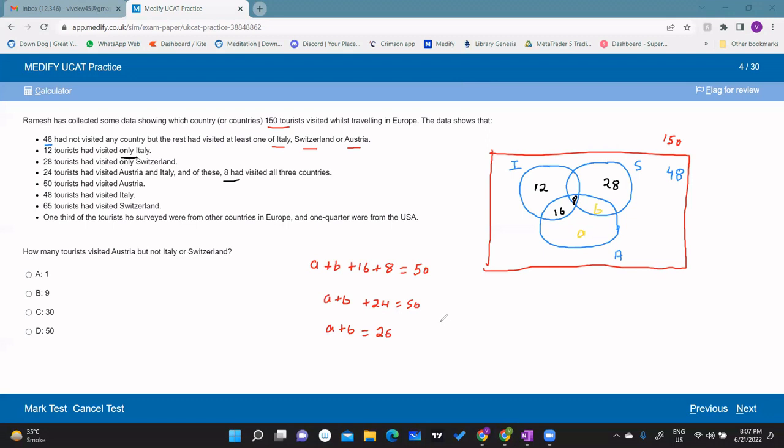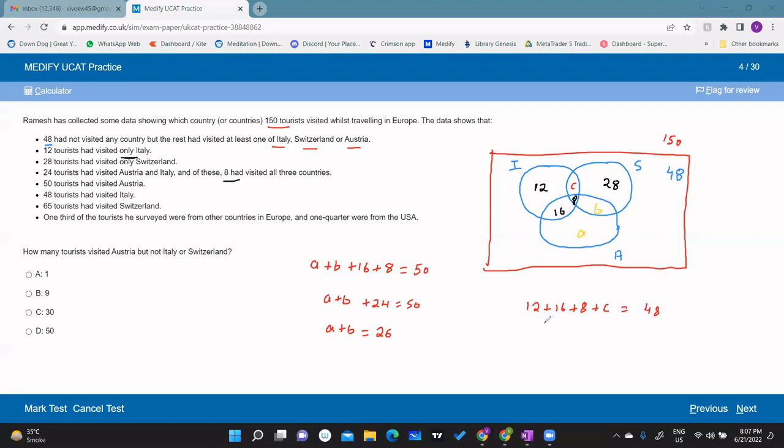48 tourists had visited Italy. So this entire circle here is 48. And this part is missing, so let me call it the letter C. So I can say 12 plus 16 plus 8 plus C is the entire Italy, which is 48.